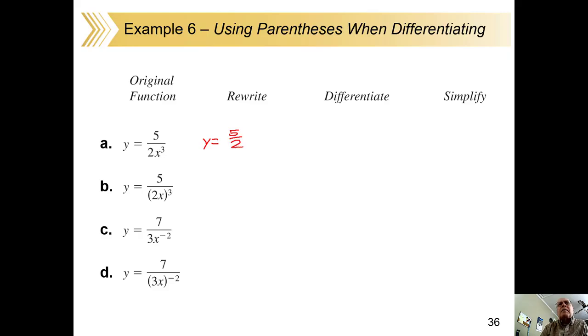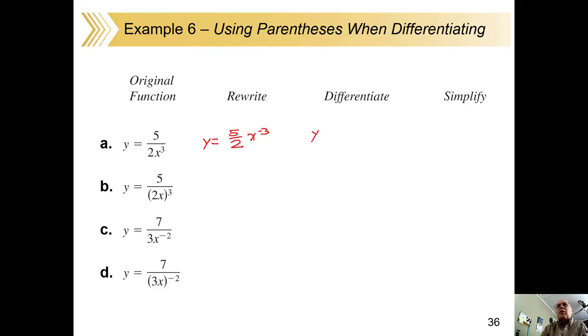5/2. Now the x to the third is in the denominator, so since it's in the denominator, we need to write it as x to the minus 3. Now it's ready. Bring that 3 out front.